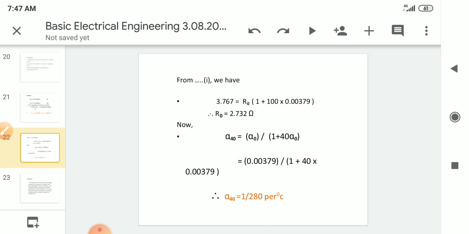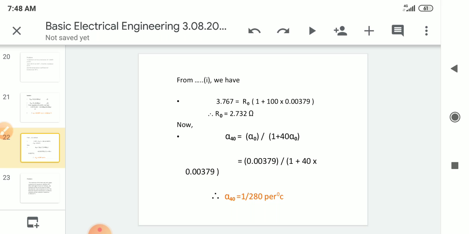Now what is this alpha at 40 degrees? The equation is alpha naught by 1 plus t into alpha naught. Substitute the value of alpha naught in this equation.